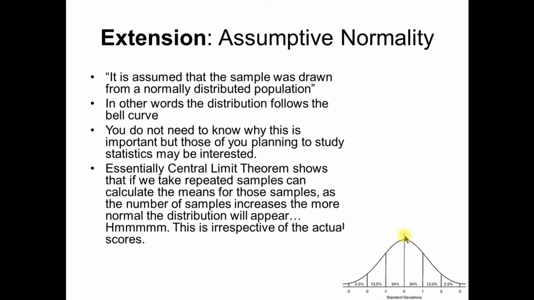Your results won't necessarily produce a normal distribution curve, but if the distribution is assumed to be normal in the population as a whole, then if I take hundreds and maybe even thousands of samples from that population and I put them all onto a scatter graph, it will produce a normal distribution curve. If you want to know more about this, central limit theorem is where you want to go for it, but as I said, you don't really need to know detail for the exam.